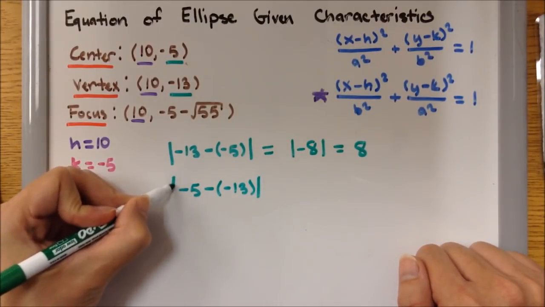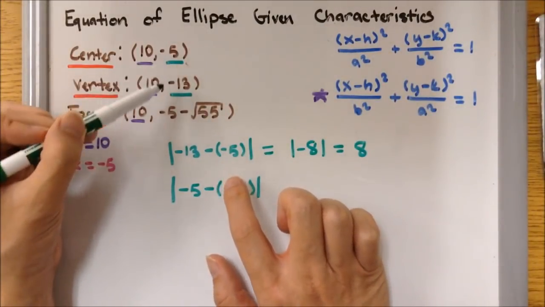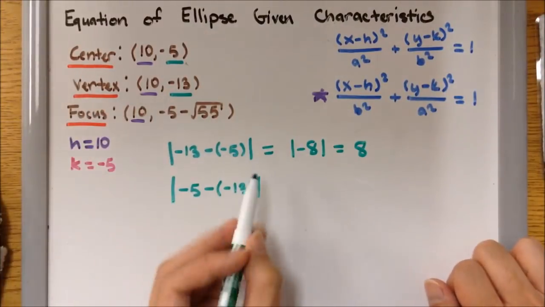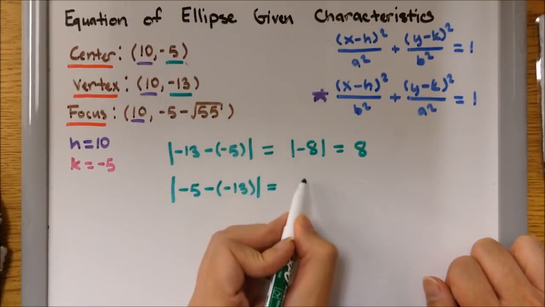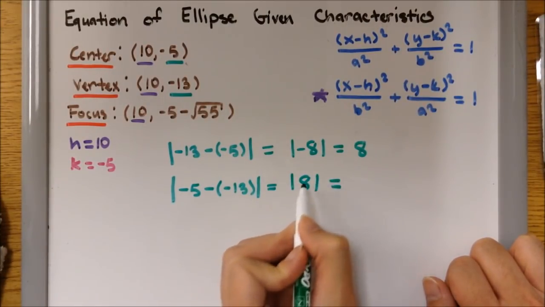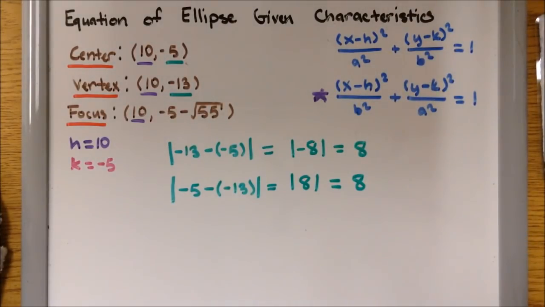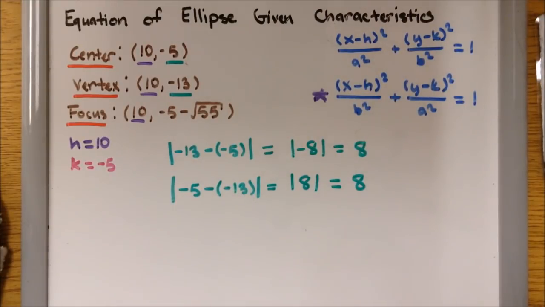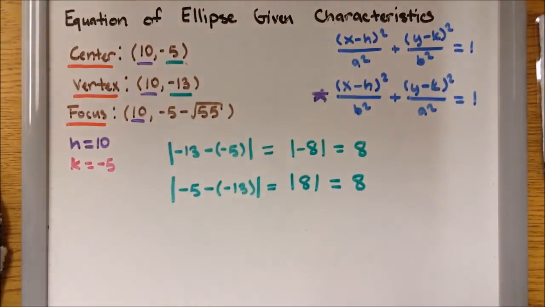I just originally kept the numbers in the same order. So we do -5 minus -13, which is a positive 8, and the absolute value of positive 8 is the same thing, 8. So it doesn't matter which number you start off with, whatever you have inside, you must take the absolute value. The absolute value of the distance between the center and the vertex is 8.